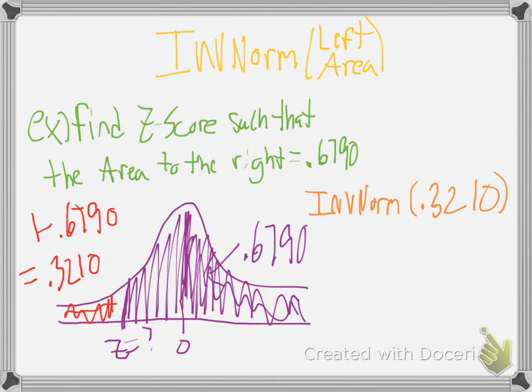So we do that, and rounding to 4 decimals, we get negative 0.4649. So when we have to find z-scores such that the area to the right or above is 0.6790, we have to do 1 minus 0.6790 to get the area to the left, and then do that in inverse norm.